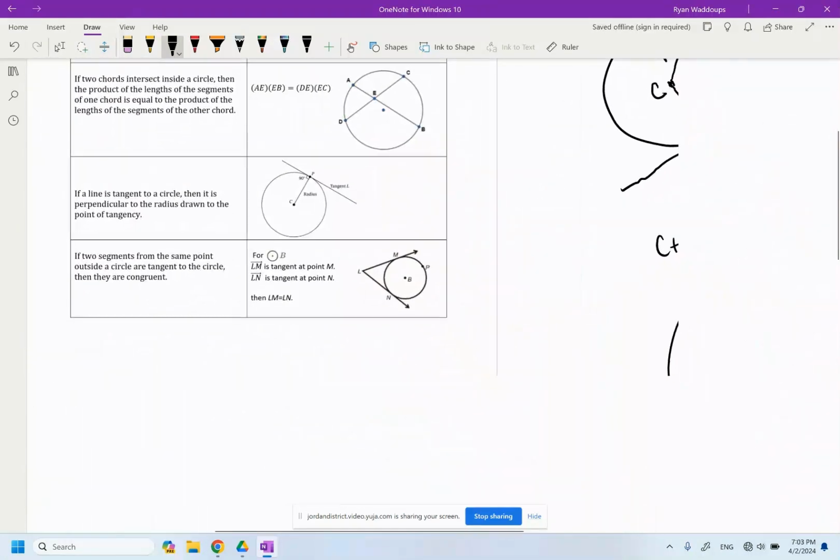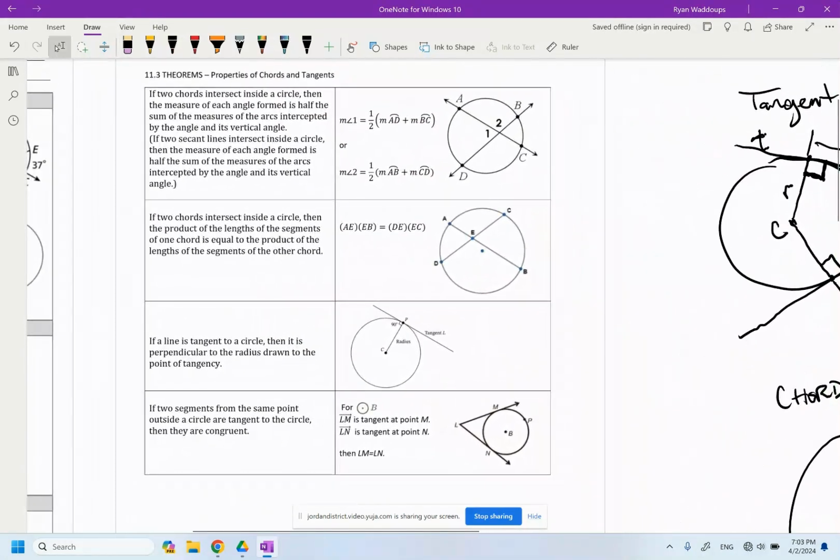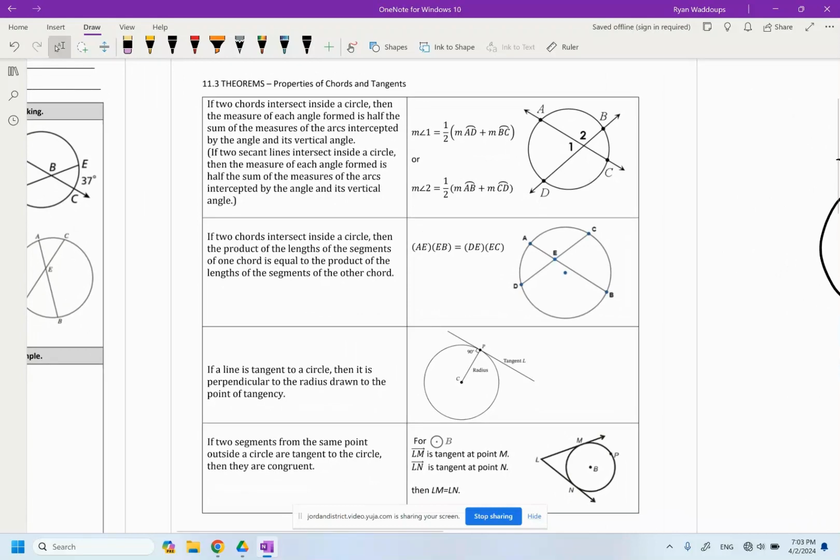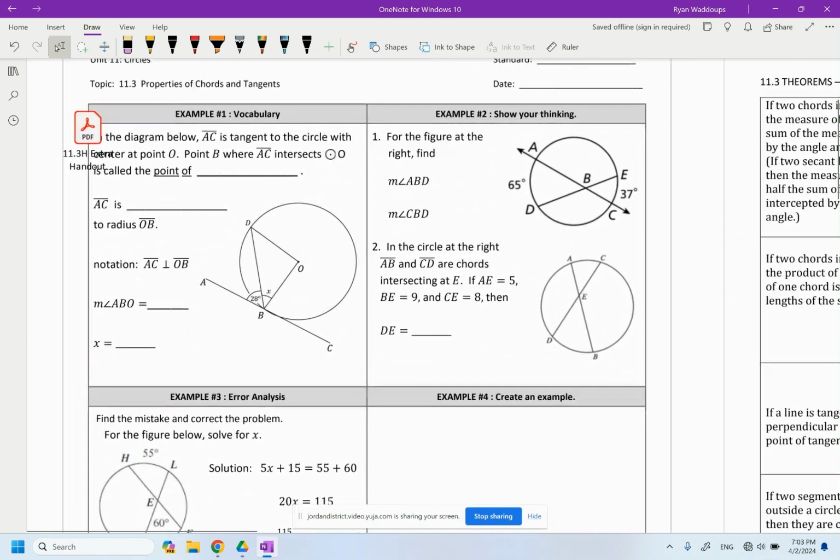You also have these properties listed out in a more formal way in the handout that you received, but it's also right here, so you can come back to this point and review. But here are our notes. It says in the diagram below, segment AC is tangent to the circle with the center at point O. Point B, where AC intersects circle O, is called the point of tangency.